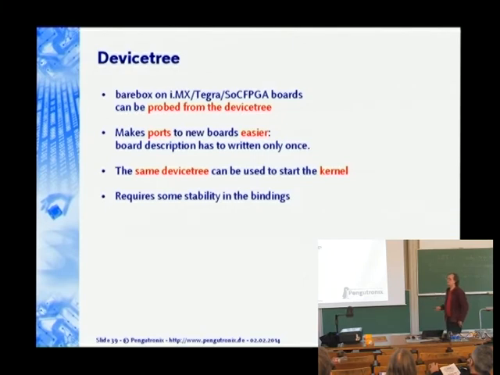And if you compare that to how that works these days, it's basically writing an OF tree. So if you have written an OF tree and have described your hardware, have specified where all the devices are, you're basically done, you just feed that device tree to the bootloader, to barebox, and it moves. If you've done everything right, of course.